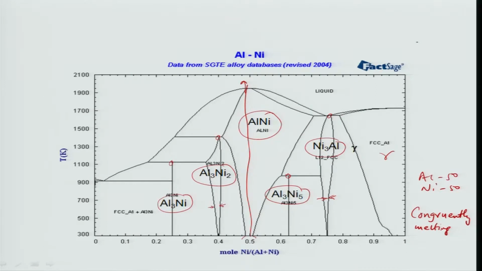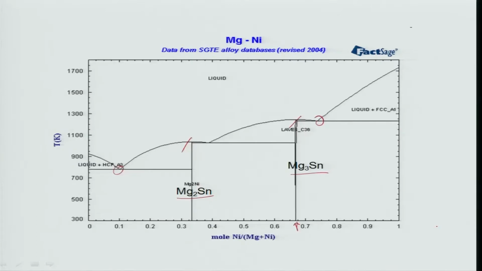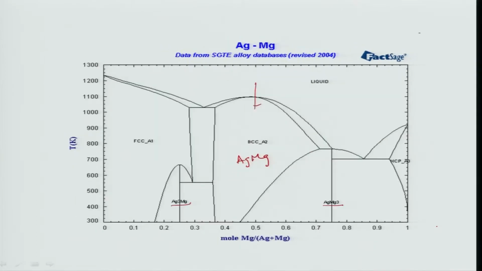It forms directly from the liquid with the same composition. These congruently melting compounds exist in many phase diagrams. This is one such. There is another one I showed you here, silver magnesium AgMg, which also forms by congruent melting. If this compound melts, the liquid will have the same composition.